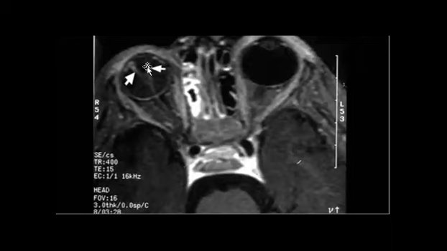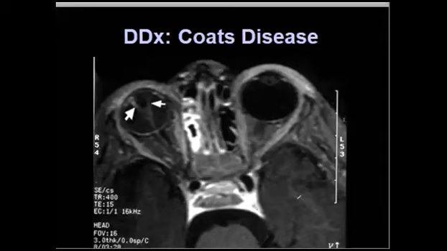Another differential, when you find this V sign without calcification in the vitreous, smaller in size, maybe retinal detachment, maybe also something called Coats disease.